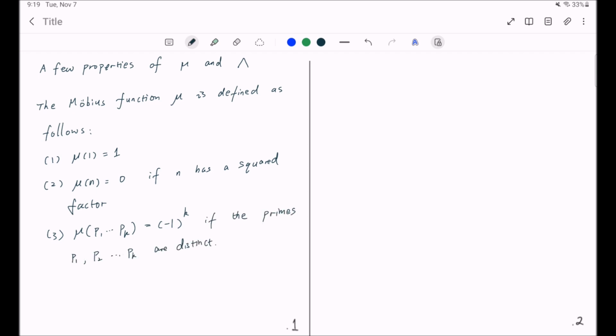Or some people may prefer to write this as mu of n equal to -1 to the power k if n is equal to p1 times p2 all the way to pk, with p1 through pk distinct primes.